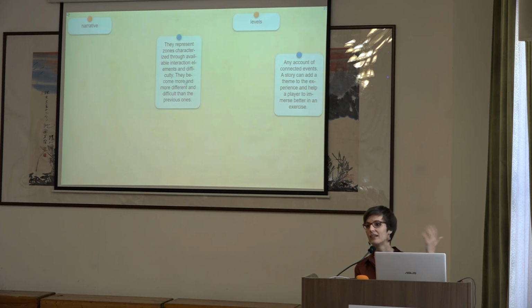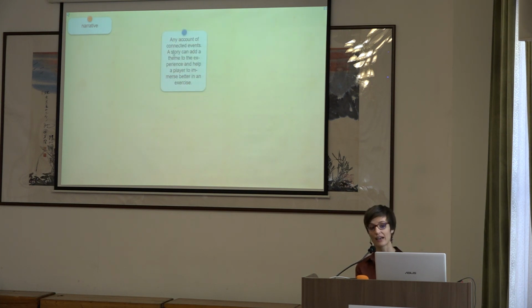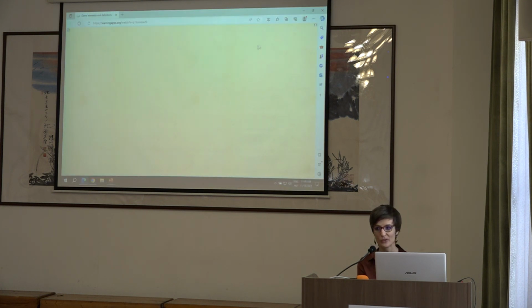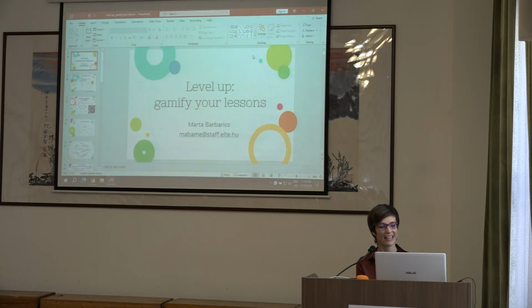They are the levels, yes, more and more difficult, more and more different. And any account of connected events, a story which can add a theme to the experience and help player to immerse better in an exercise will be the narrative. Great, okay, I hope you found your solutions as well.